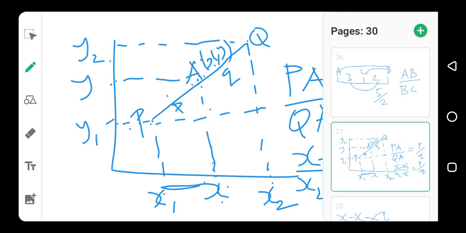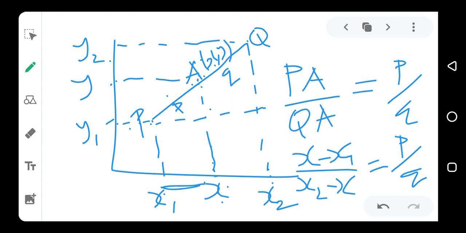So here, x is equal to the formula we have gotten. Now let's get y.